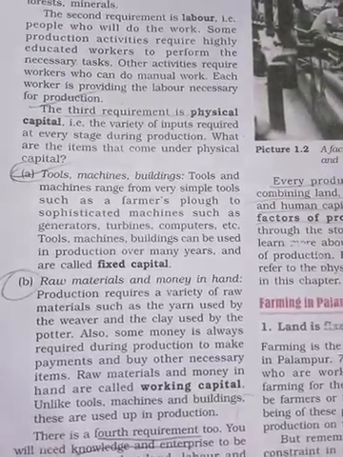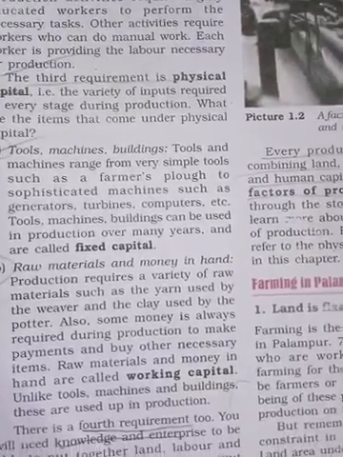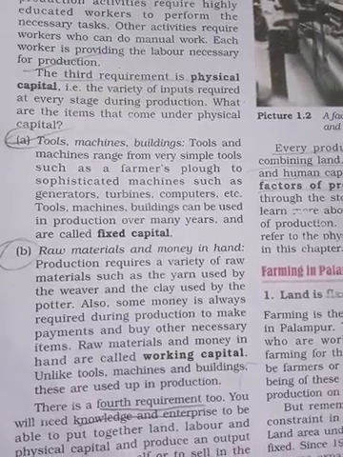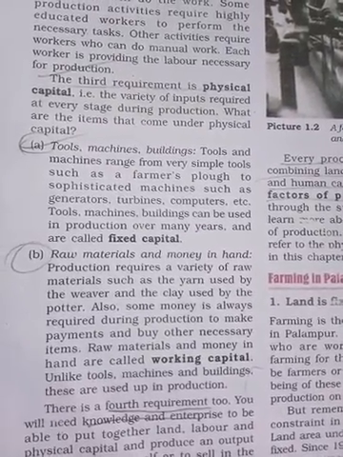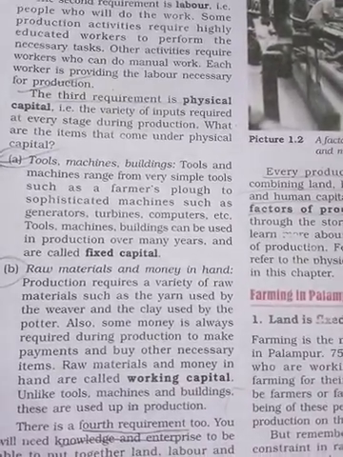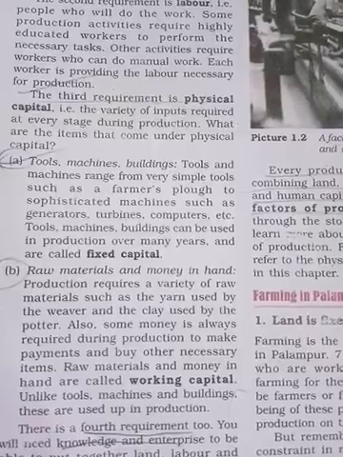Raw materials and the money are called the working capital. Unlike tools, machines and buildings, these are used up in production. Some capital is fixed capital, and some is working capital.